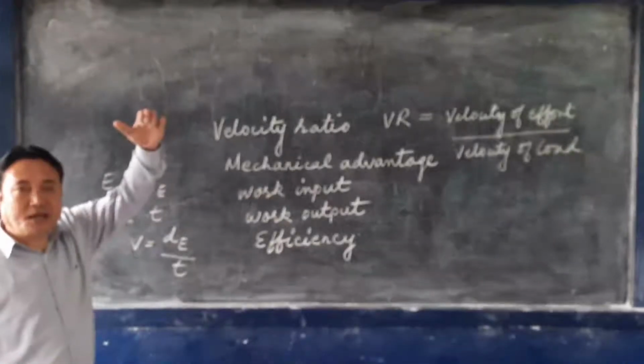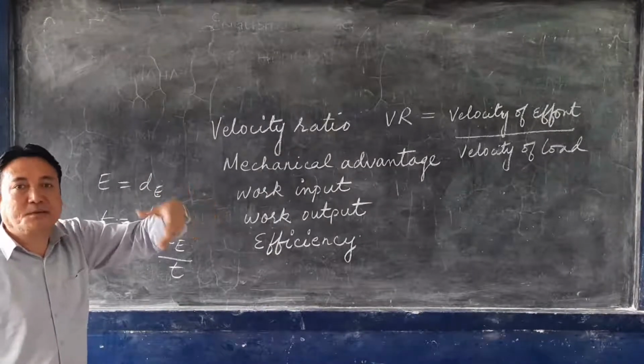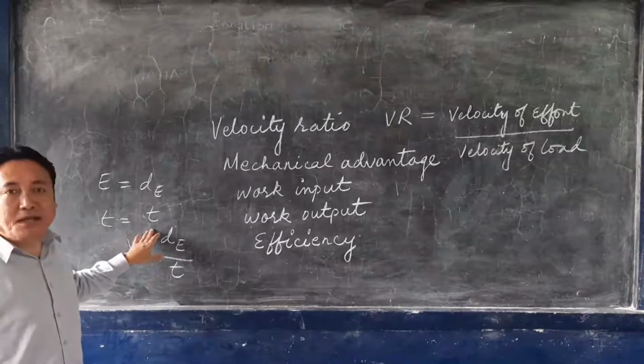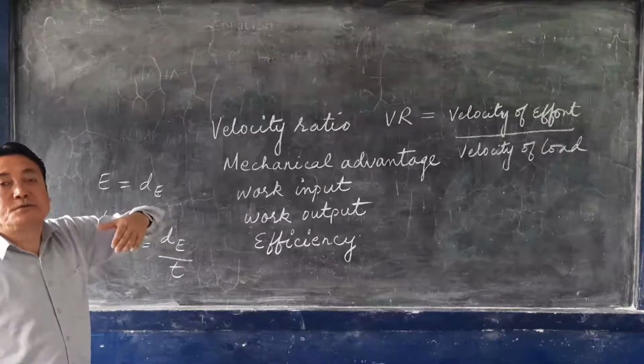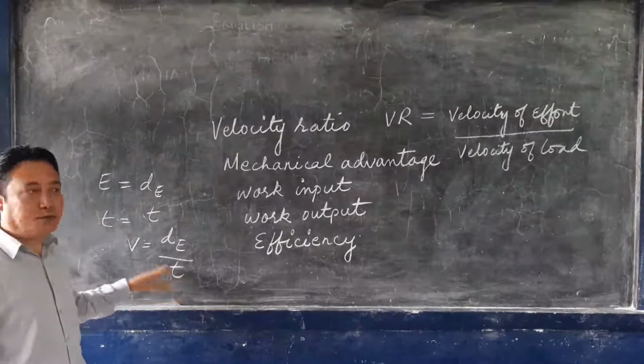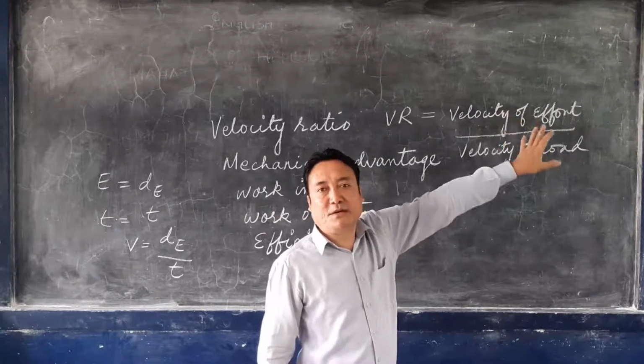That means by applying effort, the car jack moves up, and that distance covered is the distance traveled by effort. To move the car jack, some time is required. Let us consider the time taken to cover the distance by the car jack is t. So you can find velocity as distance traveled by effort divided by time.